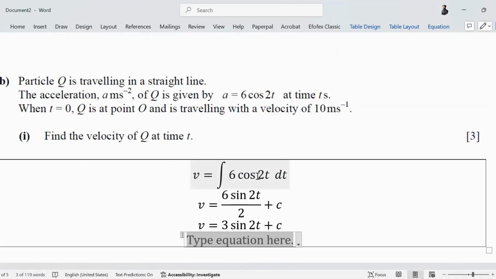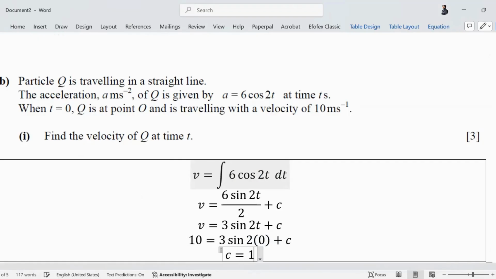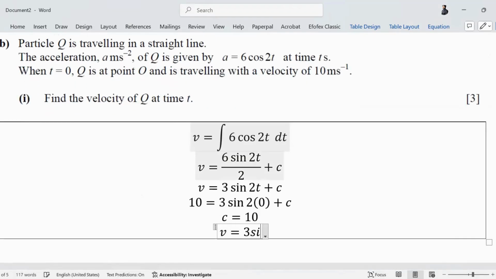How do I find the value of c? Put v as 10. So the value of c is 10, and v is 3 sin 2t plus 10.